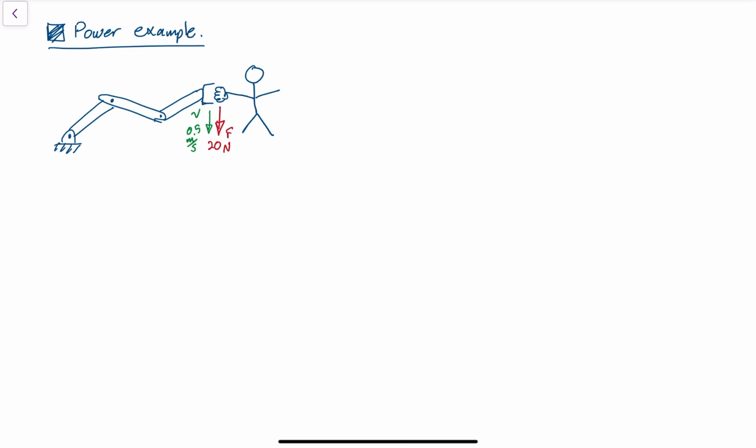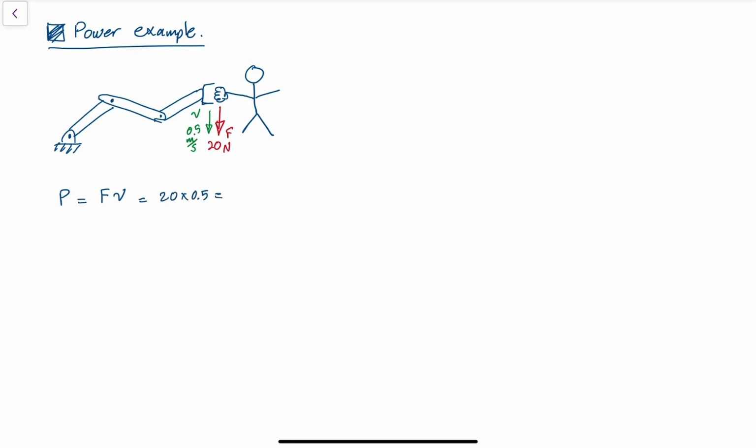So from there, I can calculate the power at this interface, where the energy is exchanged between the robot and the human. Power is F times V. So how fast the force is moving, that is 20 times half.